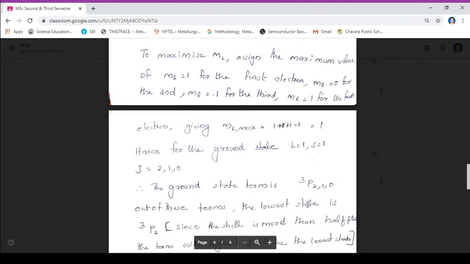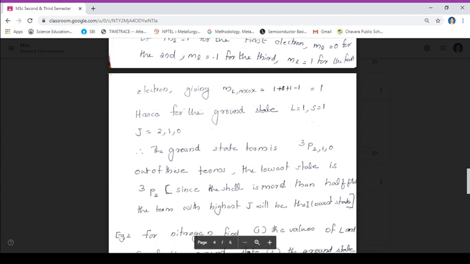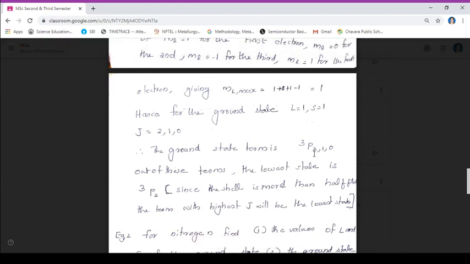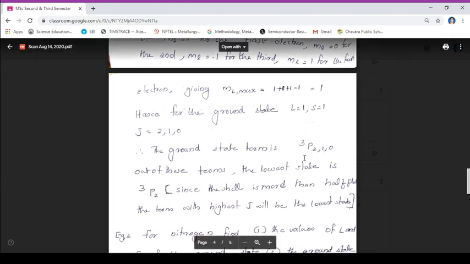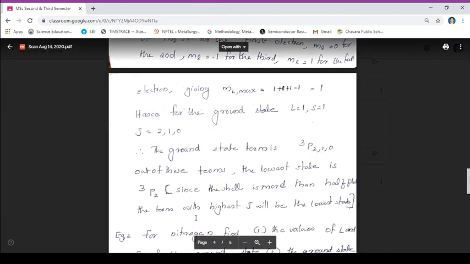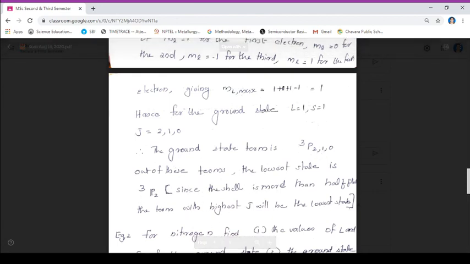Out of these the lowest state is 3P2 because the subshell is more than half filled, so the ground state is the one having the maximum J value. Here the maximum J value is 2. Therefore the ground state is nothing but 3P2.